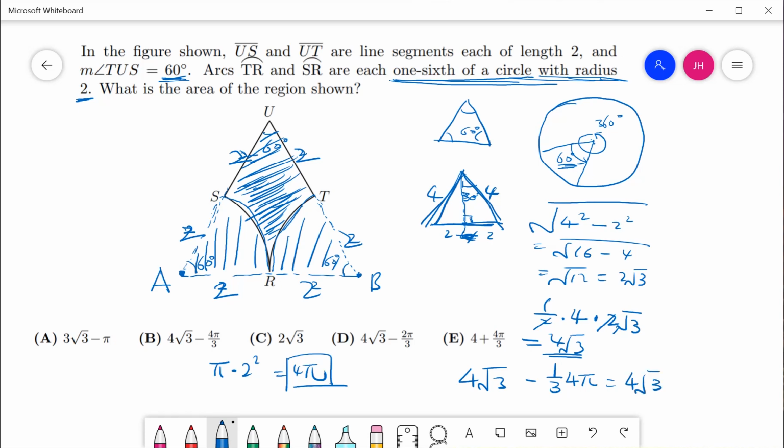Let's just rewrite this in an easier to read format. So that minus 4/3 times pi. That'll be our answer. 4 times square root 3, and then minus 4/3 times pi. That's this, right? So B is our choice.